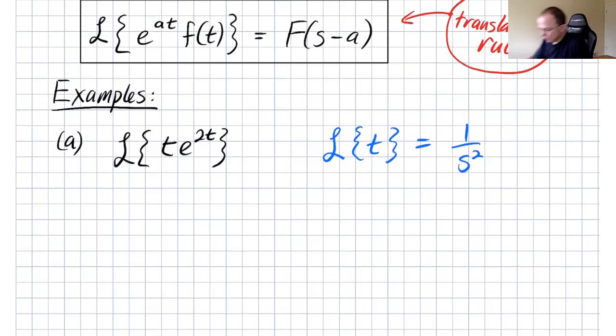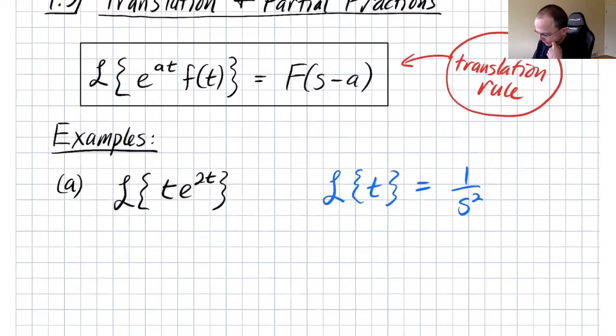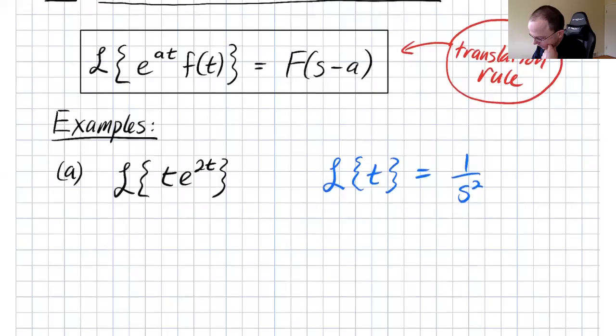Okay, so this translation rule tells us that we should replace this s here. We're going to replace it by s minus 2, right? So that's the number there in the exponential.